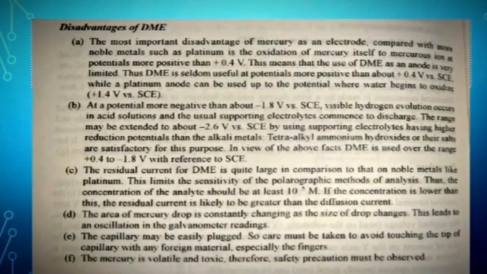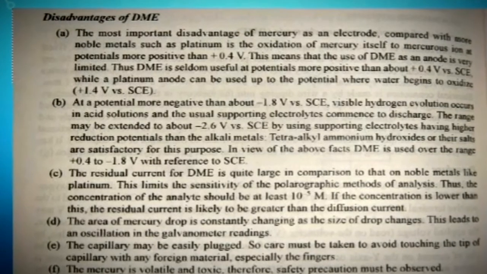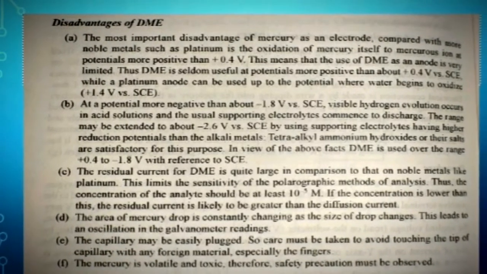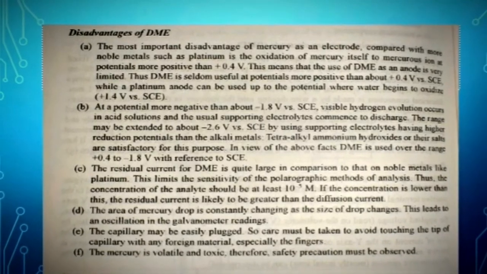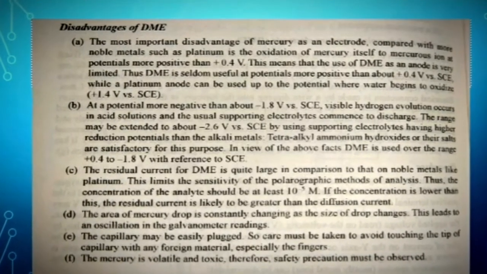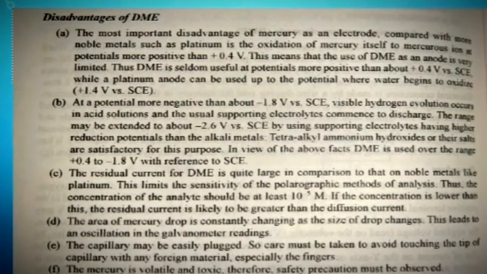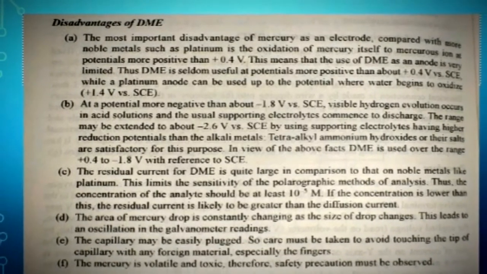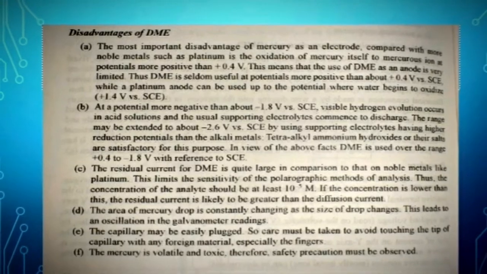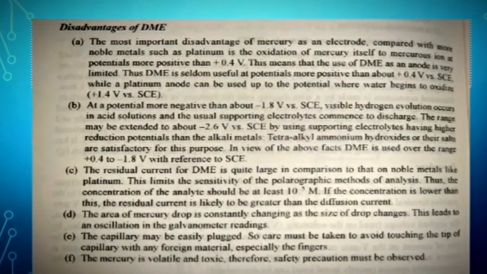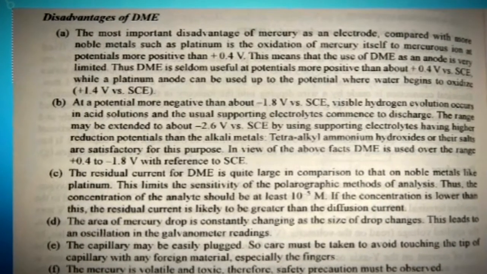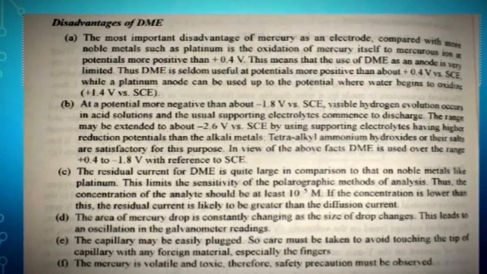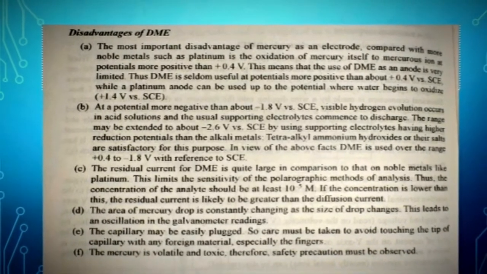In the general procedure, we saw that DME was the cathode and the standard calomel electrode was the anode. This is very much true in the case that we are considering. But if the voltage being applied is more than minus 1.8 volts, now taking DME as cathode, it will be connected to the negative terminal and the voltage will have a negative sign by convention.